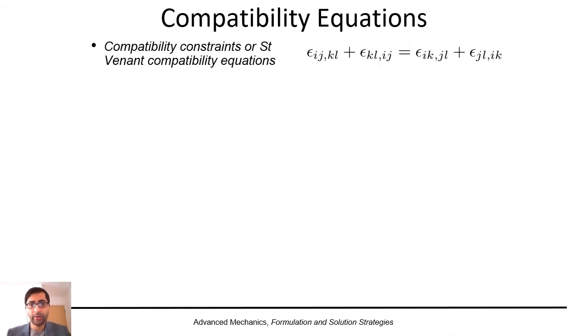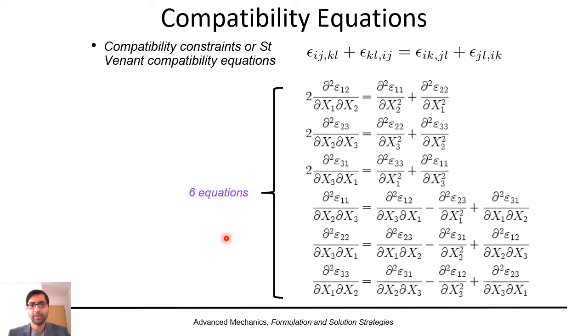Okay, a bit more about compatibility equation. If we expand it and get rid of all of the symmetric components, we end up with 6 unique equations here. You see that we have twice partial to epsilon 1,2, partial x1, partial x2, equal to partial to epsilon 1,1, partial to x2, plus partial to epsilon 2,2, partial to x1.